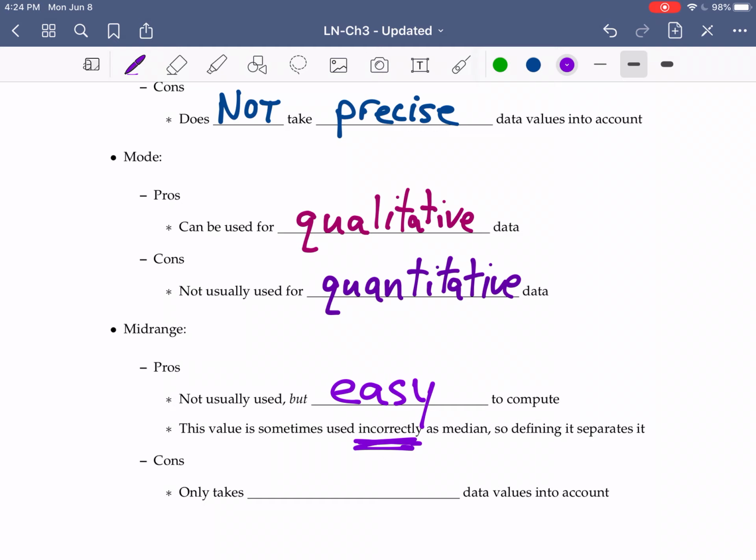One of the big negatives to this is it only takes the 2 extreme data values into account. Right? So the absolute largest value and the absolute smallest value are the only 2 values that are going to have an impact on this measure of center.